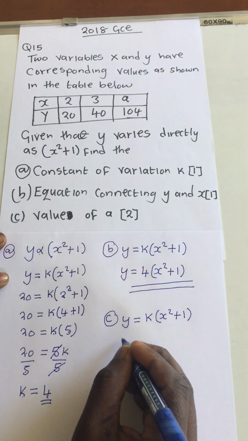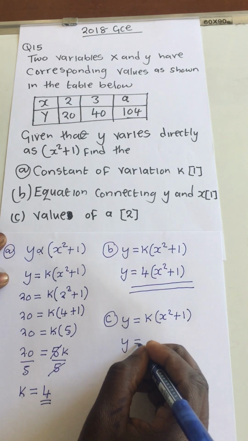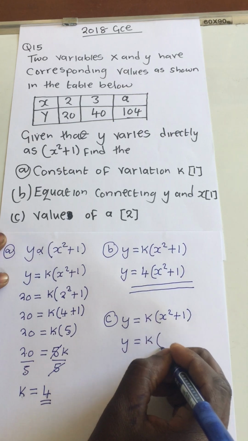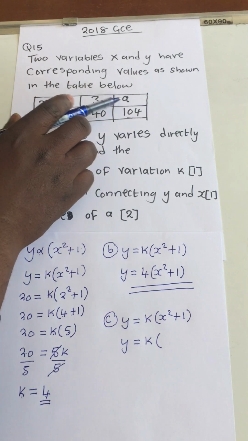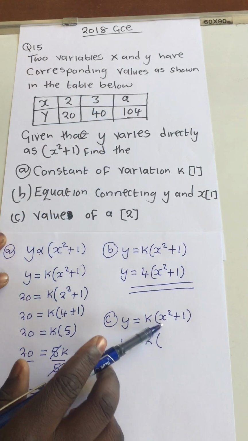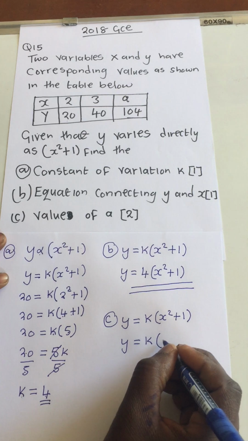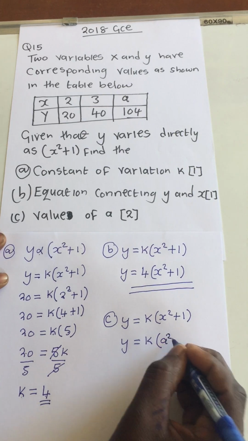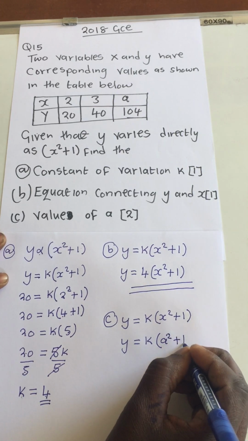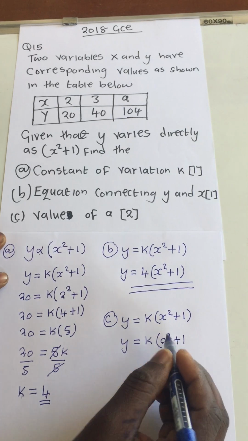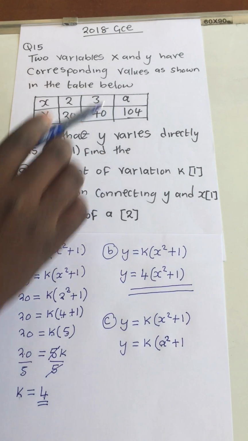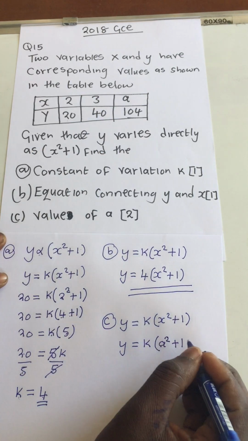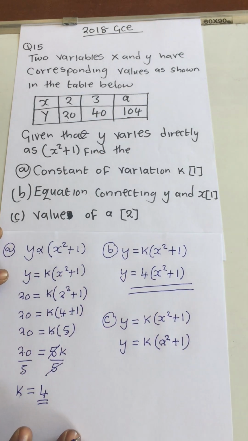Now, have you seen where they said find the value of a? You remove x and replace it with the letter a, so a squared plus 1. Because for x, they said find the value of a, you put that letter and close.